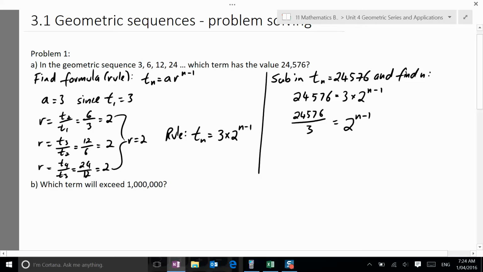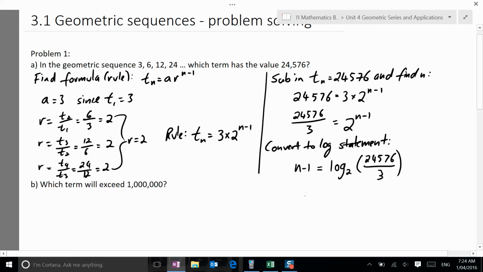And divide it all by 3. Okay, and then I can convert this to a log statement. That unknown power will be the power that I raise 2 to in order to get 2,457,6 on 3.